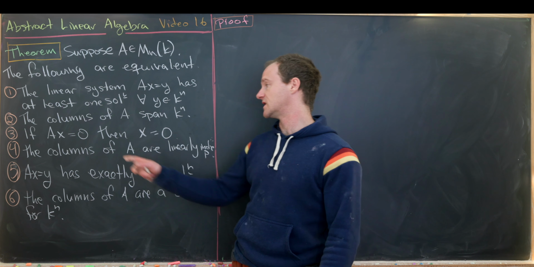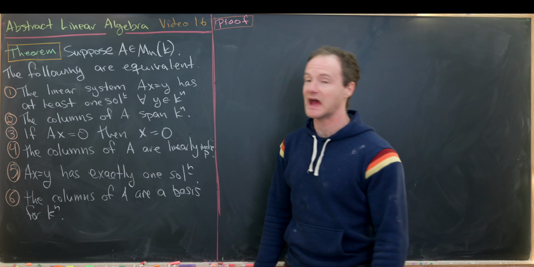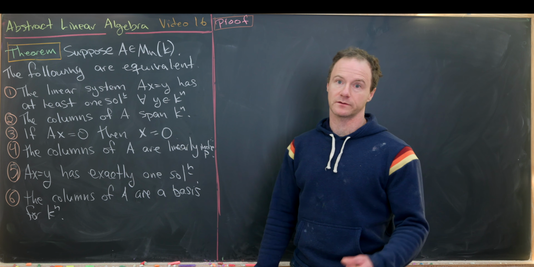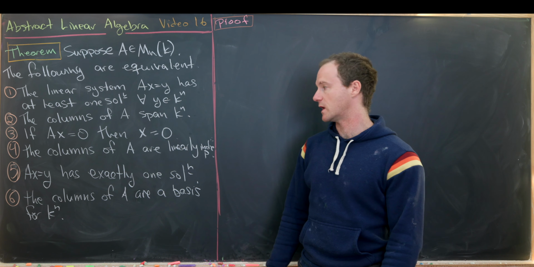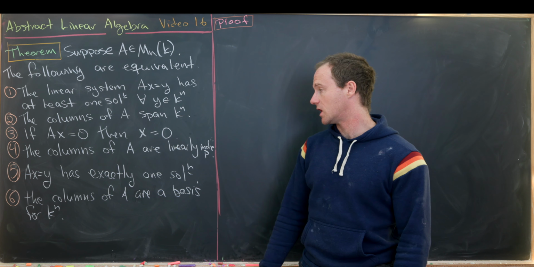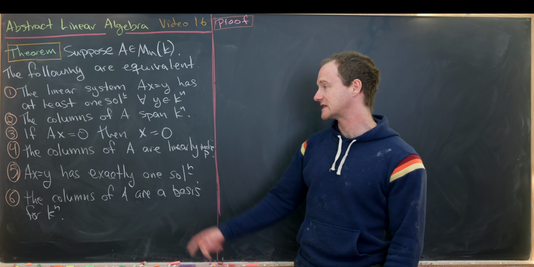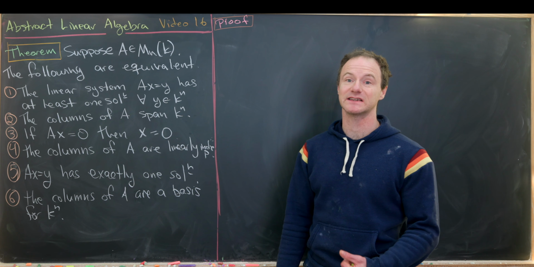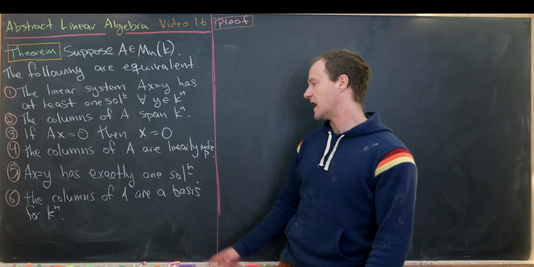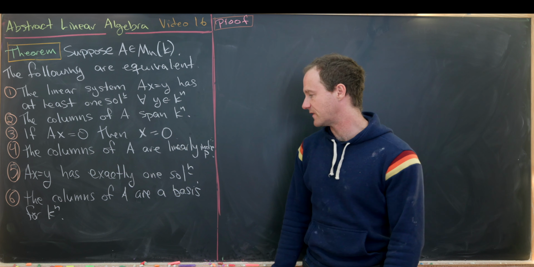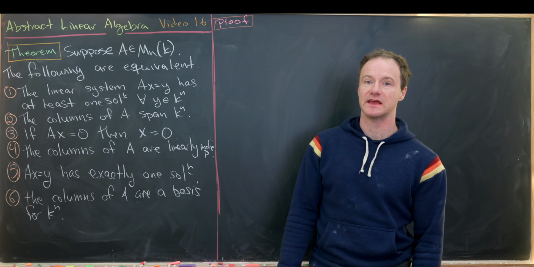In other words, if Ax equals 0, then x equals 0. The kernel is trivial, if you will, as well. The fourth is that the columns of A are linearly independent. The fifth is that Ax equals y has exactly one solution. And the sixth is that the columns of A are a basis for K^n.